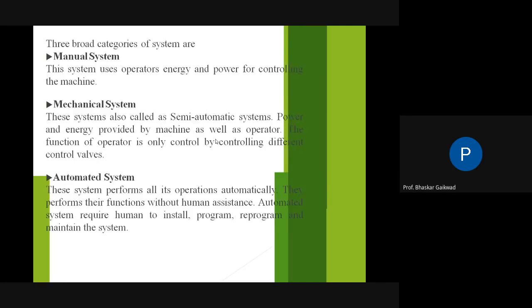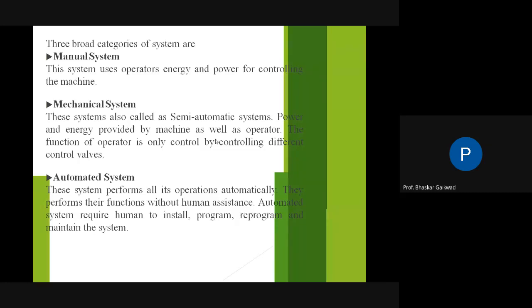And here there are three categories of man-machine system. The first category is the manual system. The operator will use his own energy for operating that machine. Then mechanical devices, semi-automatic, just like turret and capstan lathes, where certain controls or certain types of levers are used.